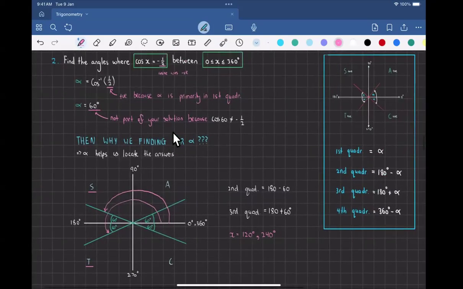And if you want to see if your answer is correct, what can you do? Tell me, Nicholas. You could put cos 120 in here and then cos 240. Yeah, so do that. Put cos 120. Kirsten, I want you to put cos 240.